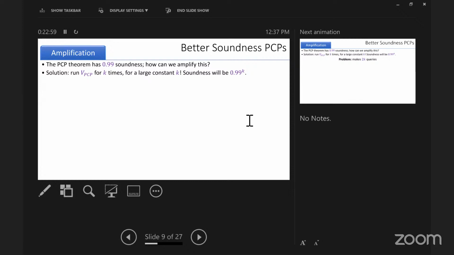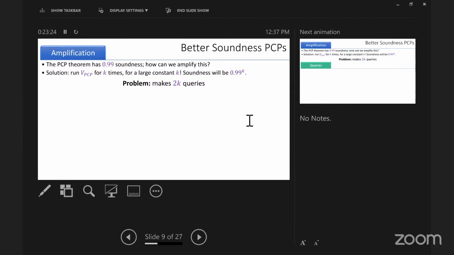So the most natural thing would be just run the verifier k times. Run it, accept or reject, run it again, accept or reject. But this is undesirable for us because in PCP language, that would amount to making more than 2 queries. Each run of the verifier is 2 more queries.